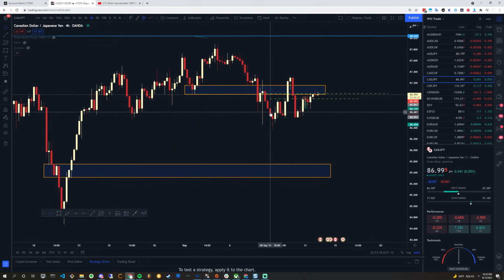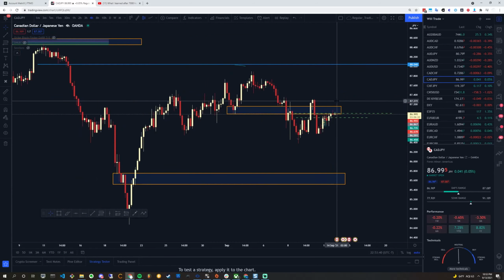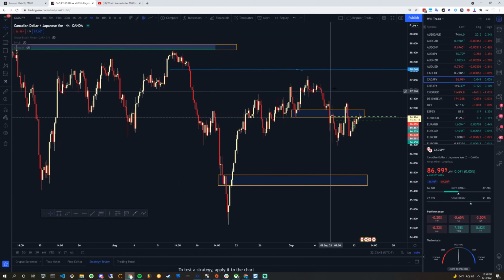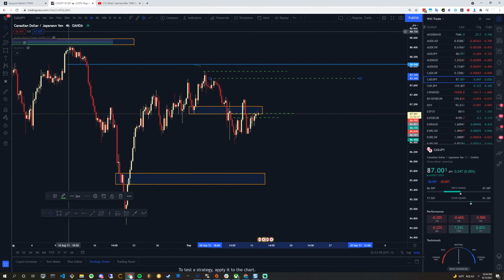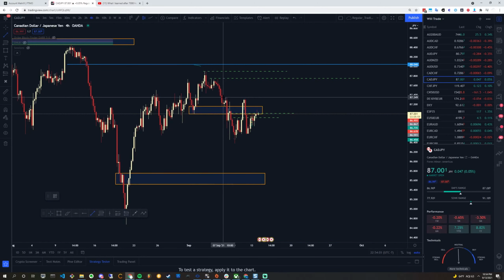I'm adamant about this CAD yen though, because look. So this is the 4 hour, right? We made a high, a lower high. We made a lower high.